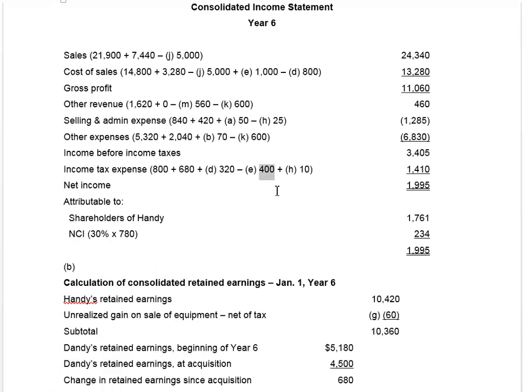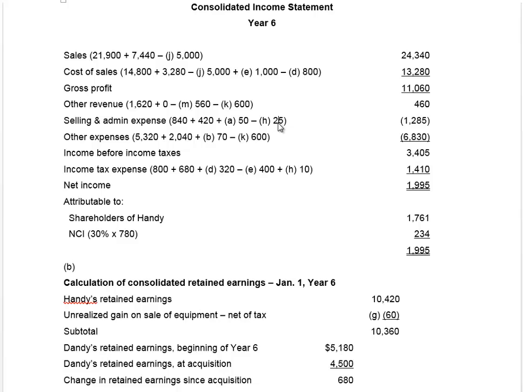So in doing that, we reduce our tax expense, and this is the $10 in tax based on the amount that we recognized in pre-tax profit for our gain as a result of the intercompany sale of the depreciable fixed asset.